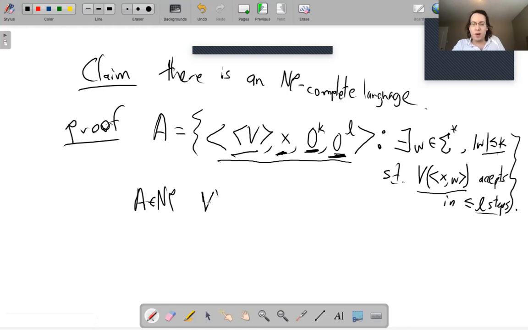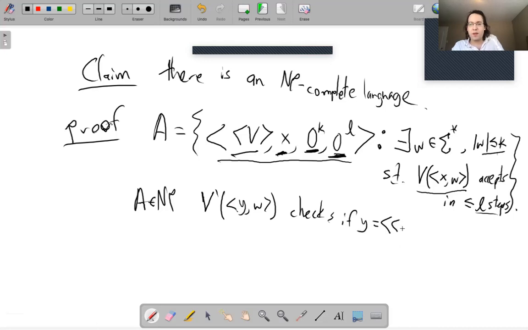So the verifier V prime will take in X and W, and then it will check if X is formatted like this. Actually, let me call it Y here. Let's just call the input Y instead of X, so it's less confusing.